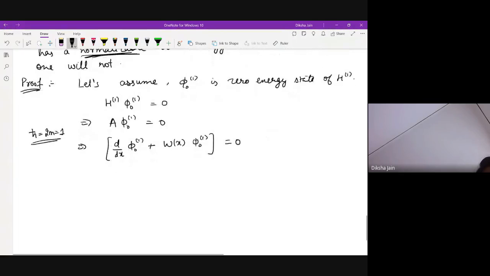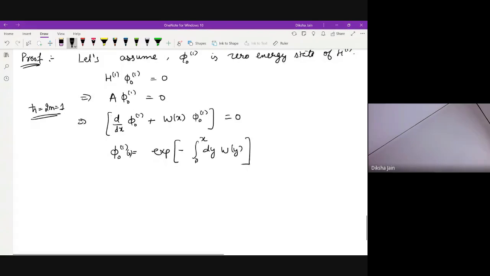And you can now solve for phi 01. From here you will get phi 01 equals exponential of minus the integral from x 0 to x dy of W of y. This you can solve.